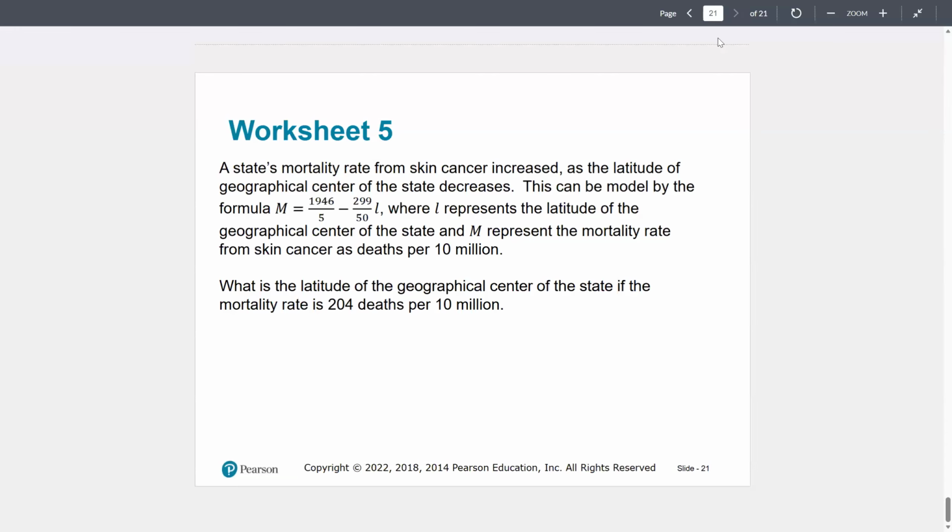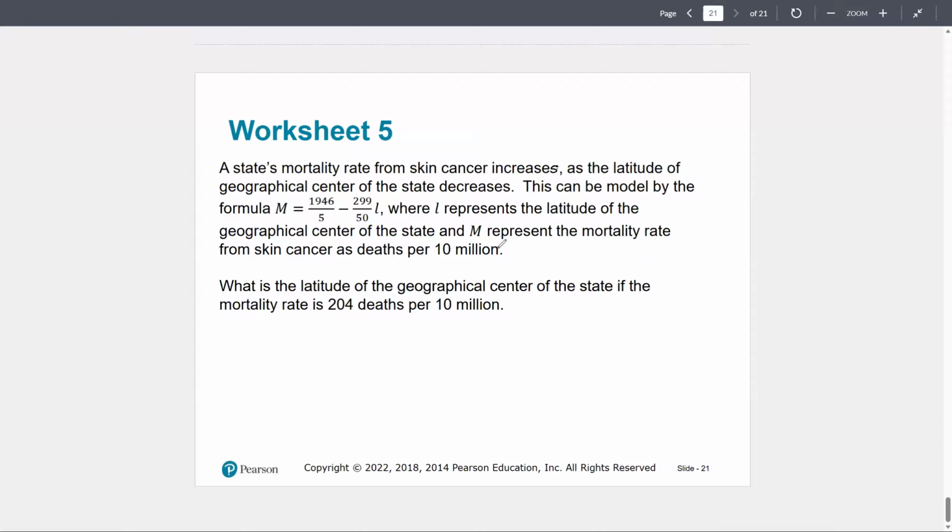So worksheet number 5. A state's mortality rate from skin cancer increases as the latitude of the geographical center of the state decreases. So the closer the state is to the equator, the higher the mortality rate.